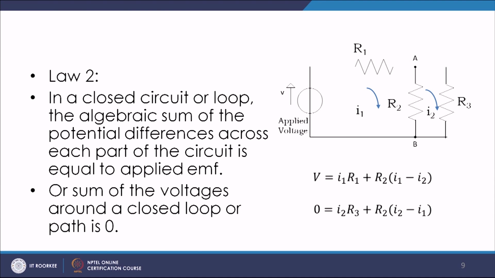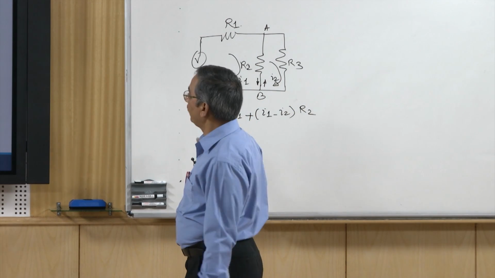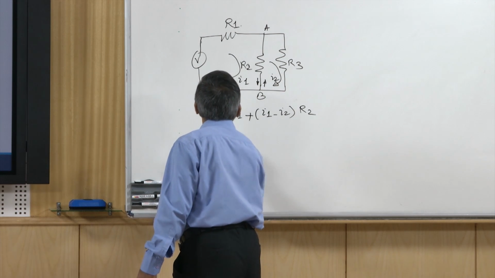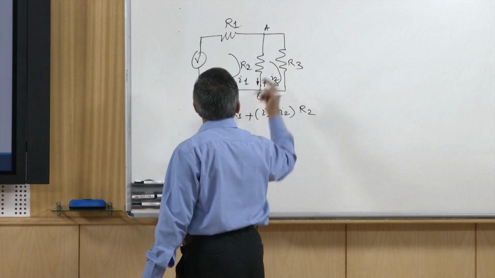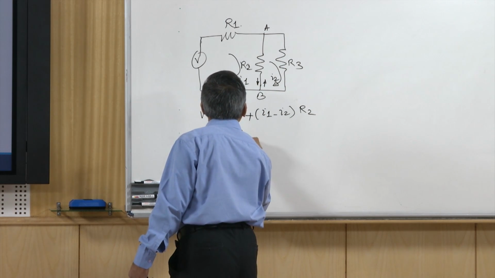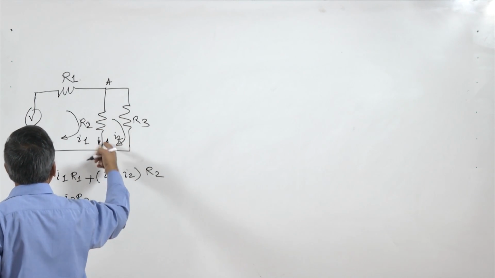Similarly, I can write the expression for the second loop. Now, in the second loop we do not have any source, so I can write the source voltage as 0 and the current through this element is I2. So, it will be I2 R3, and here again this sense we are taking to be positive.